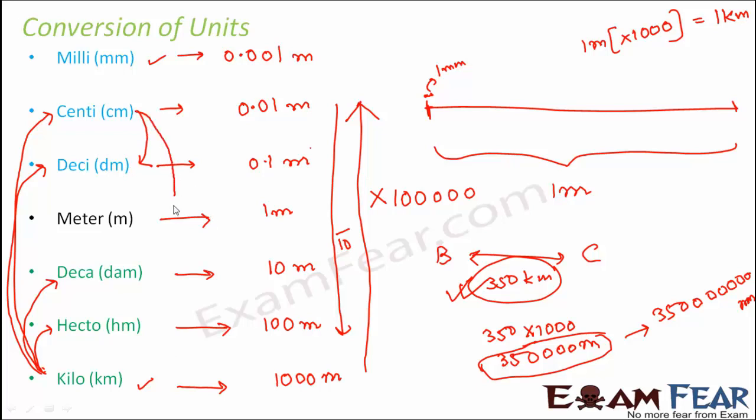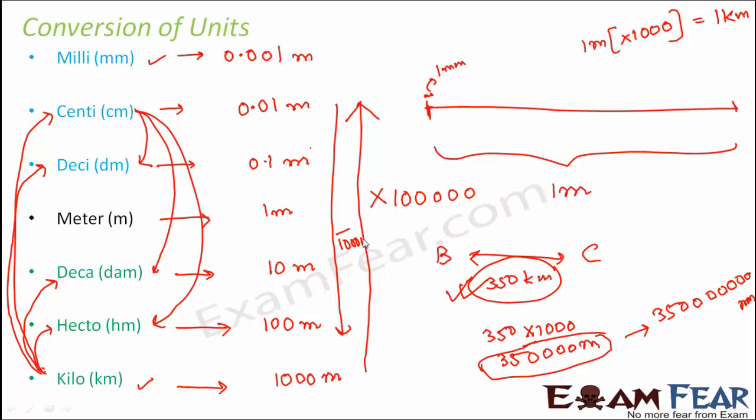You want to convert centimeter to decameter. Here you are coming from top to bottom, so you have to divide. And how many steps? 1, 2, 3. So you have to divide by 1000. You have to convert from centimeters to hectometers. Again, you are coming from top to down, and how many steps? 1, 2, 3, 4.